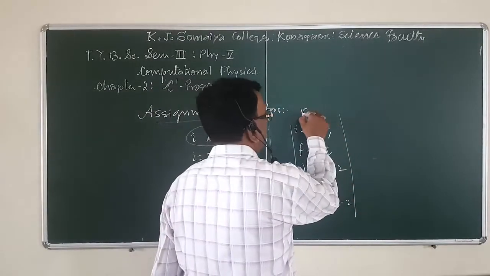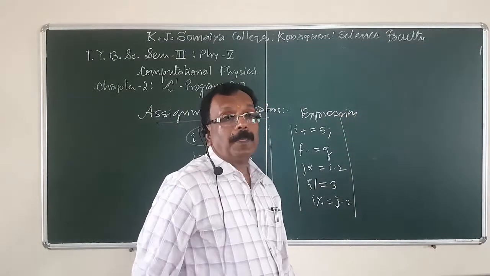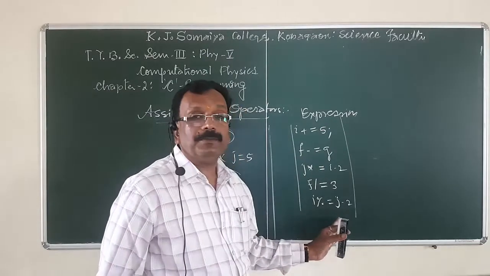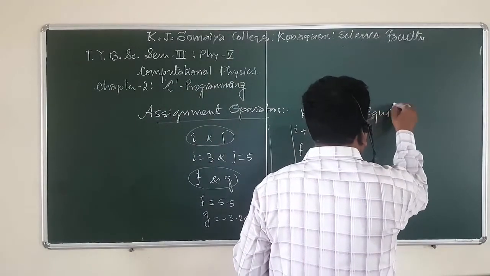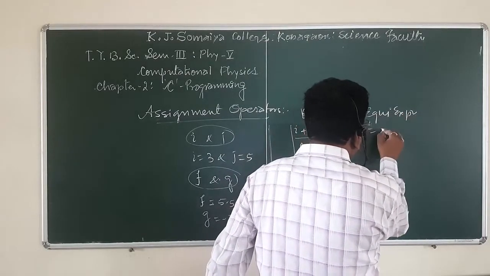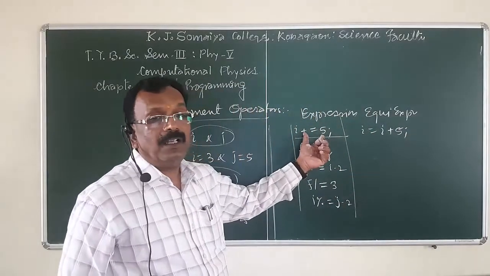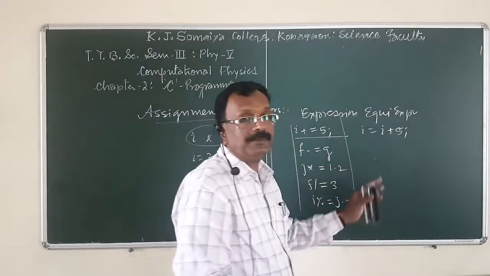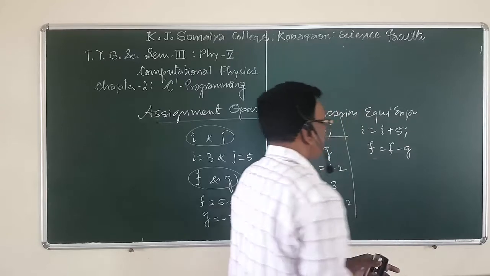Now, these are symbolic, but what is the equivalent expression? We are going to see the equivalent expressions. For i plus is equal to 5, the equivalent expression is i is equal to i plus 5. The second expression is also very simple, f is equal to f minus g.